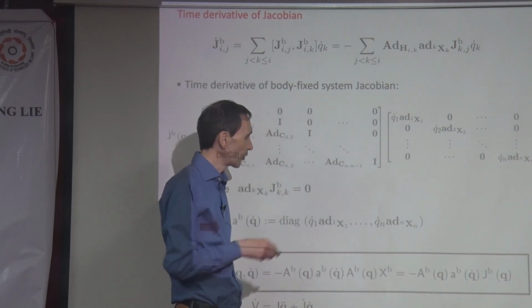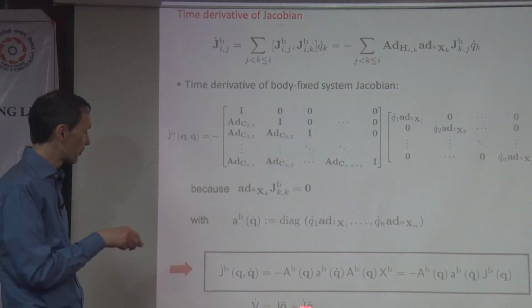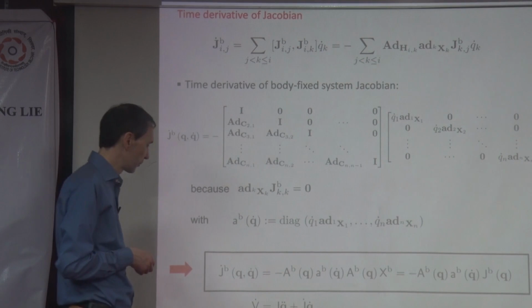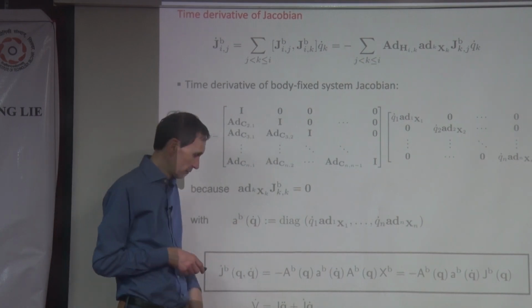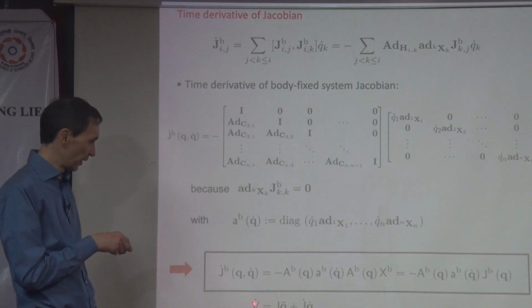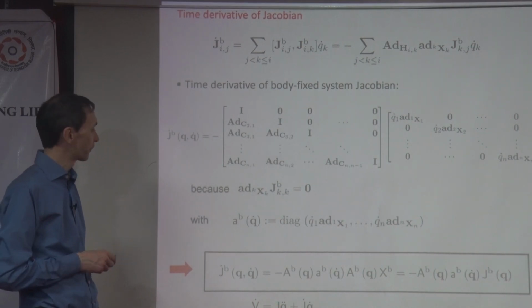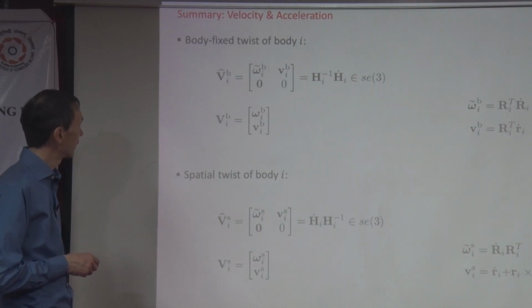And then again AX, or you have already J. And then you can, of course, take the time derivative of the system twist, which is then this. And of course, it's the product rule because V is equal to J times q dot. Done. That's for the time being it.